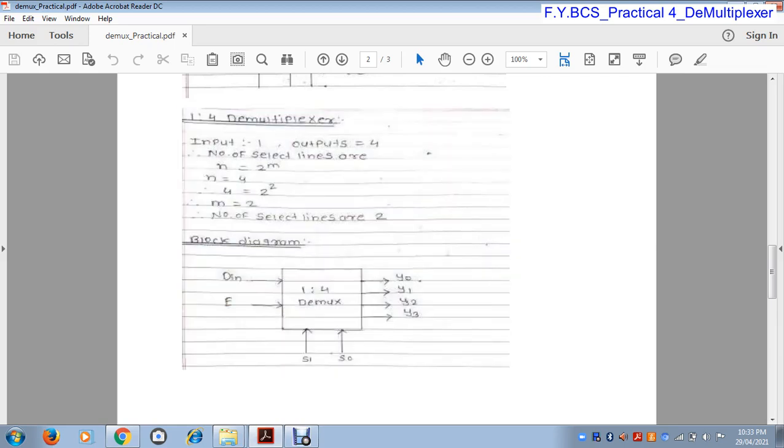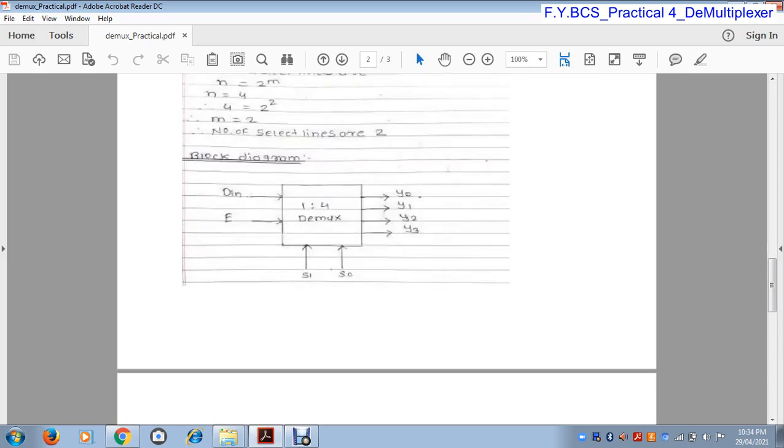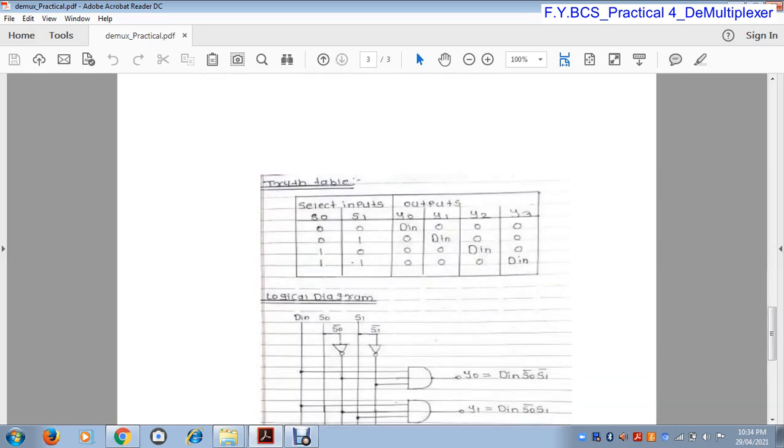One input which is D in, the data input, four outputs Y0, Y1, Y2, Y3, two select lines S0, S1 and one enable input. Now we will see the truth table of the 1:4 demultiplexer. There are two select lines S0 and S1 and four outputs Y0, Y1, Y2 and Y3.